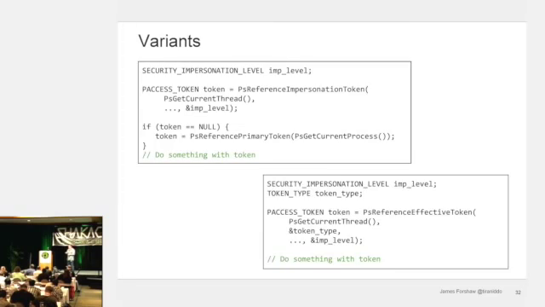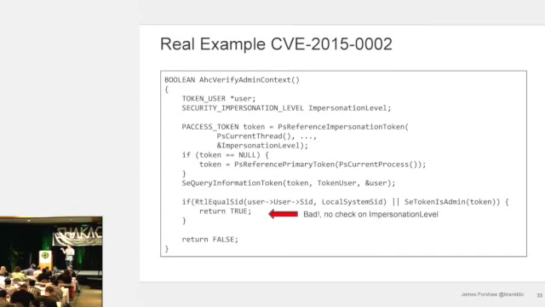Now, I can give you a real-world example of this one. This was a bug I found in the application helper cache control, which is used for application compatibility shims. It's basically a mechanism through which you can do application compatibility and apply fixes for processes which don't work quite right on the current version of Windows. And it was doing an admin check, saying, is the current caller an administrator or not?